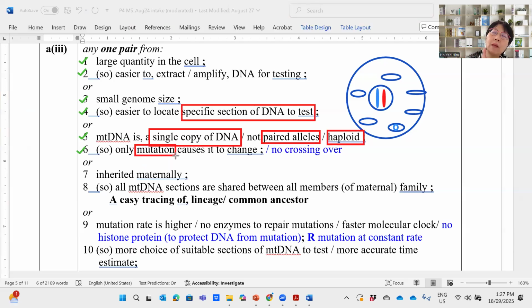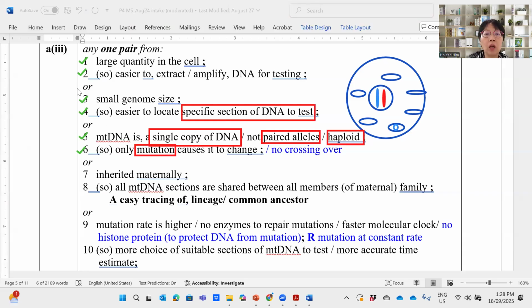From the same maternal family, all the lineage will have no change in the base sequence of the mitochondrial DNA, due to passing on of the DNA to the offspring by binary fission.